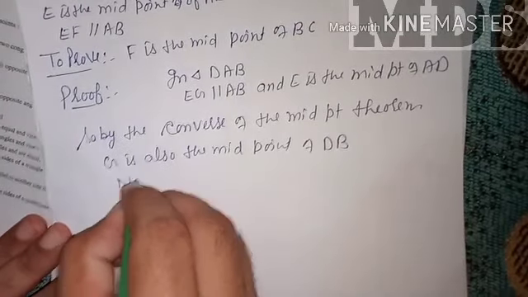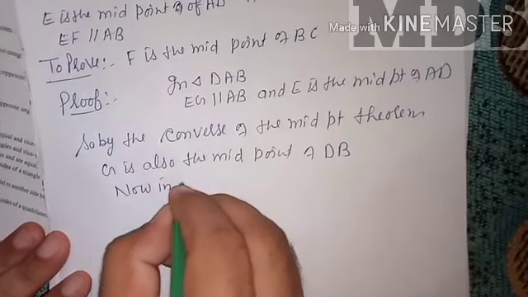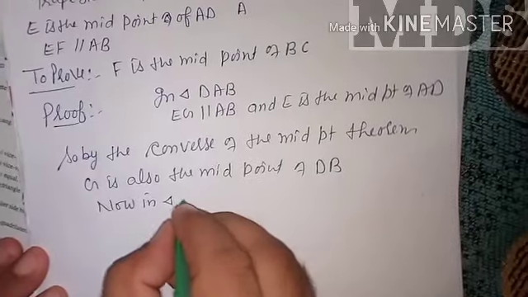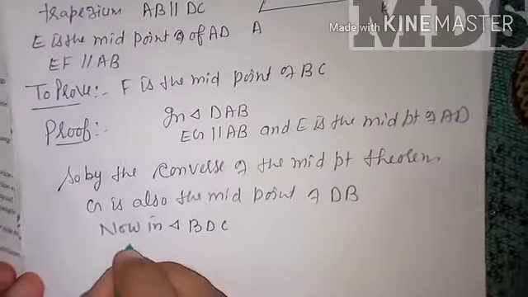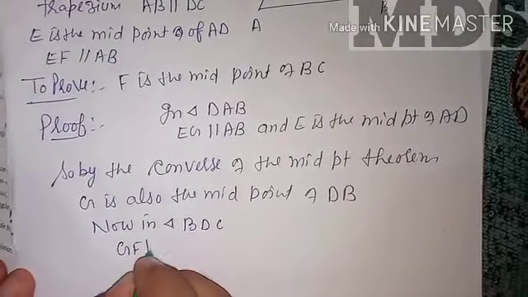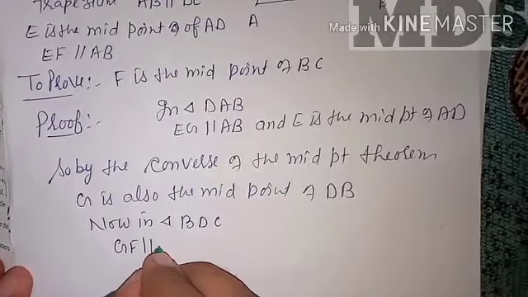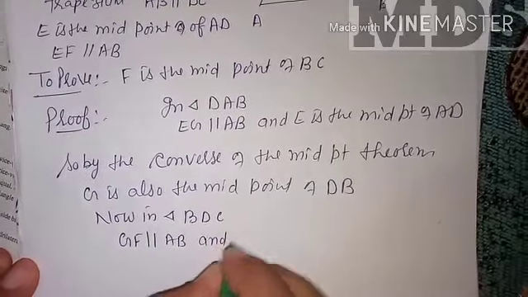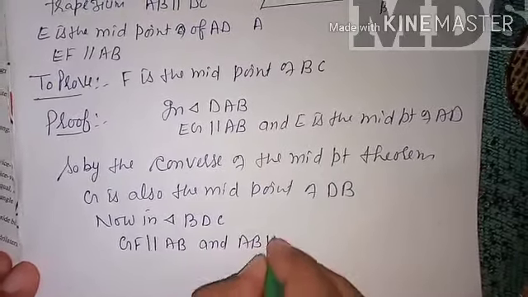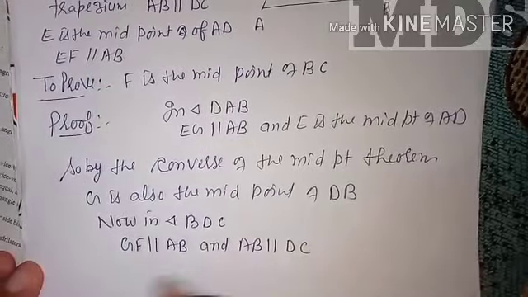Now in triangle, in which triangle? BDC, GF is parallel to AB and AB is parallel to DC.